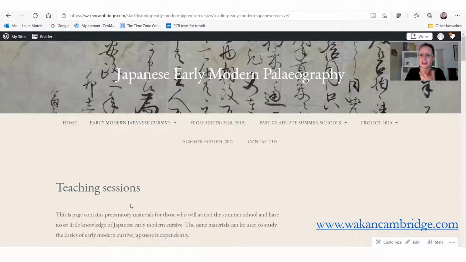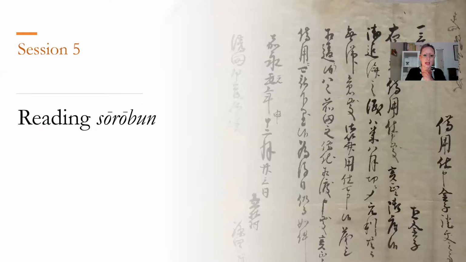So a lot will be taken for granted because I'm building on the previous four sessions. Today, we are going to tackle sōrōbun, how to read, and to a certain extent, how to transcribe sōrōbun. What is sōrōbun?